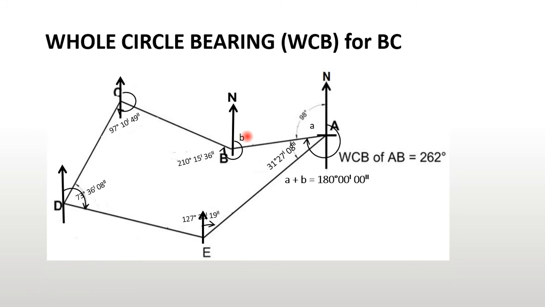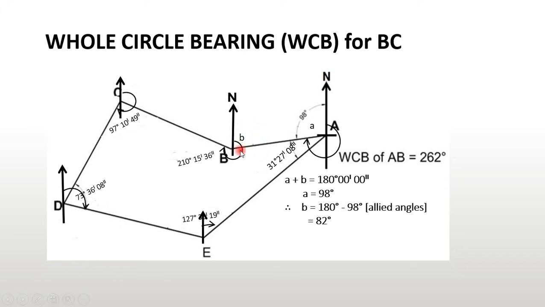Assuming that those north lines are parallel to each other, the line AB is the transversal. So A plus B is equal to 180 degrees, therefore A is equal to 98, therefore B is equal to 180 degrees minus 98 degrees. So this is going to give us 82 degrees. So B is equal to 82 degrees.